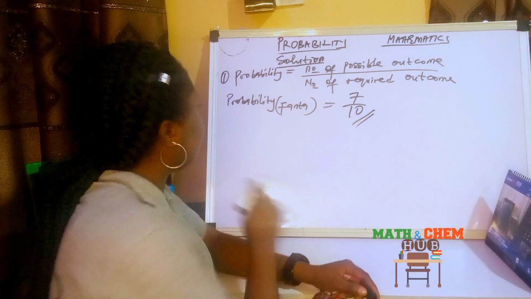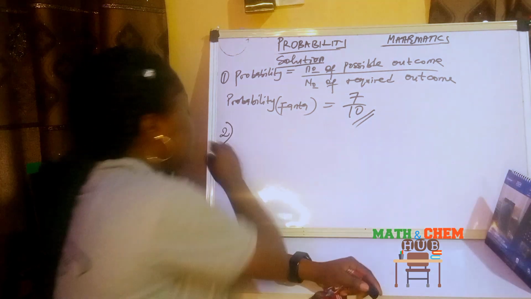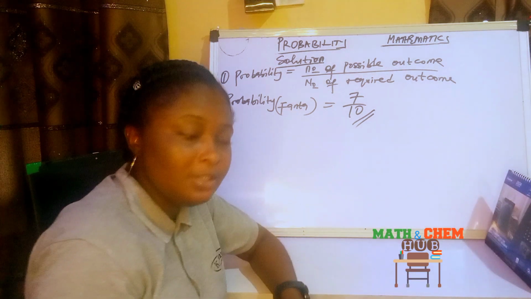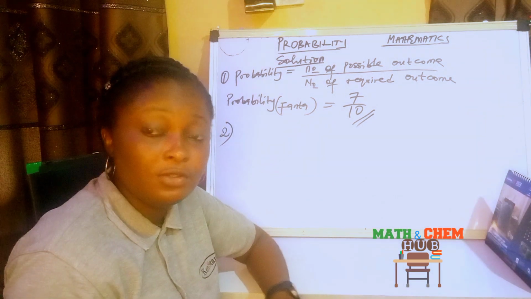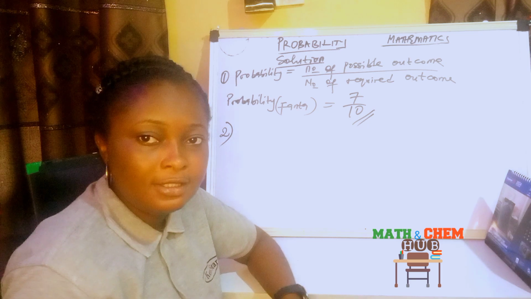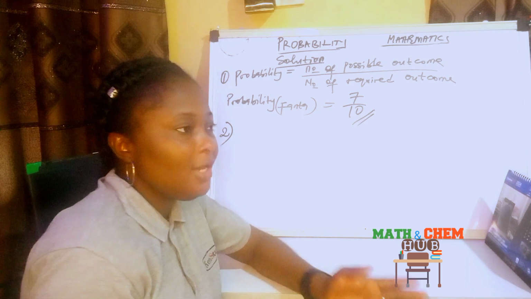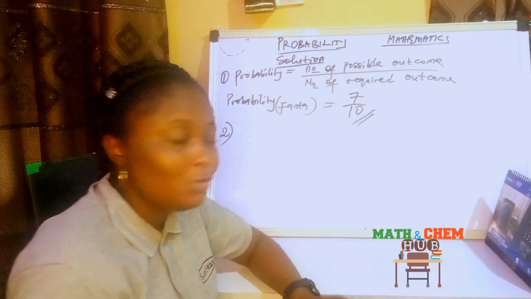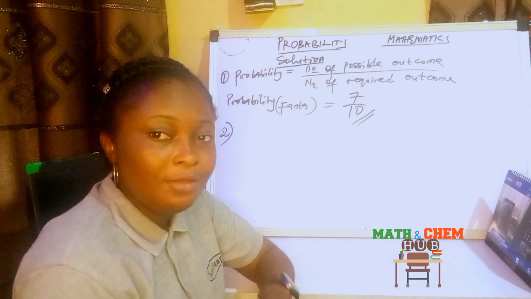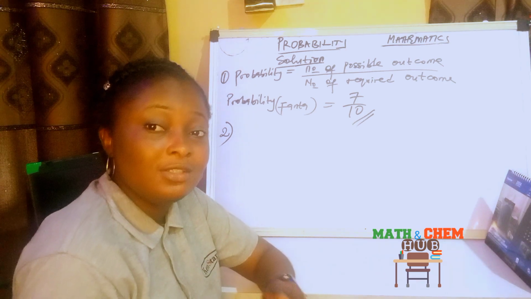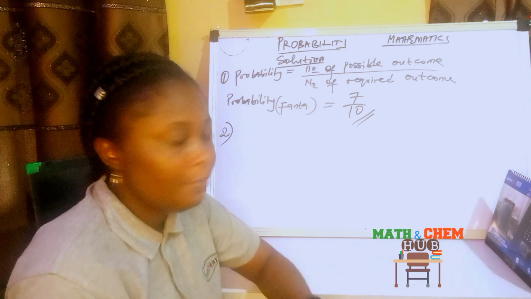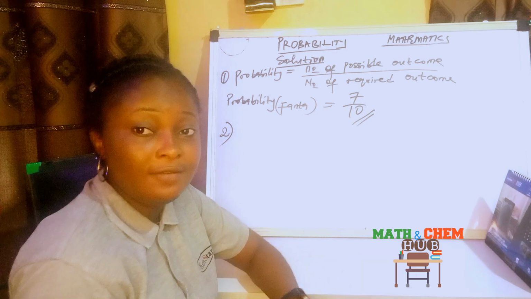Very simple. Now, let's answer question number 2. Question number 2 asked, what is the probability that the favorite drink of the student is Fanta? Remember, 7 out of the 10 students like Coke, meaning that the rest of them, who like Fanta, is 3 because 10 minus 7 is 3.